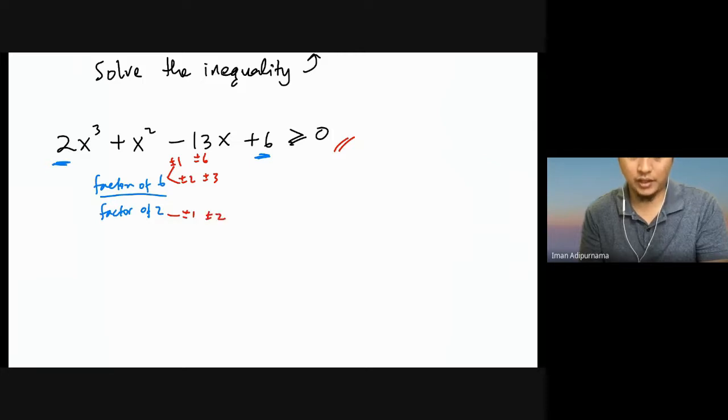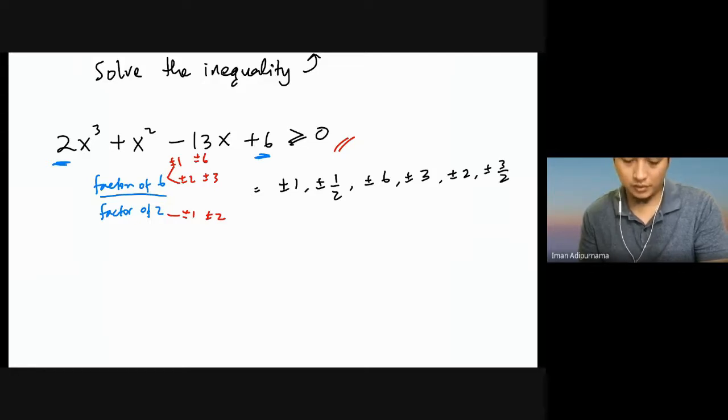So you will have plus minus 1, plus minus half, plus minus 6, plus minus 3, plus minus 2, plus minus 3 over 2.